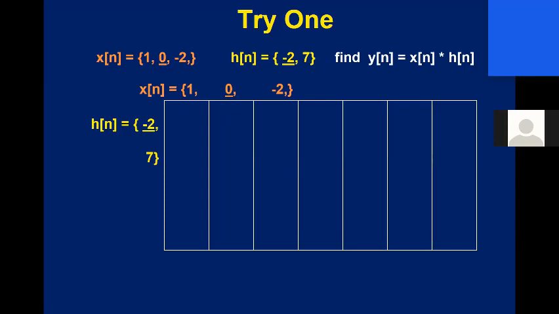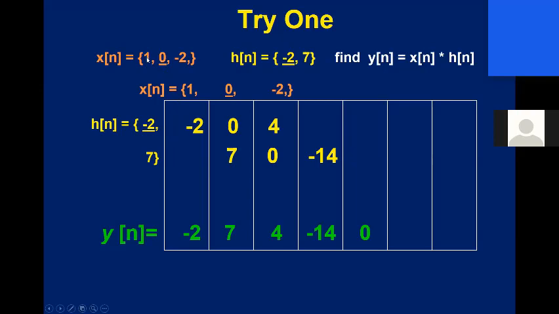If you use the sum by column method, we would multiply our x sub n by -2 in the first few columns. Then we would multiply x sub n by 7 and shift it over by 1, total up the columns. And our start index for x looks like -1. Our start index for h looks like 0. So this first term is going to be starting index -1.